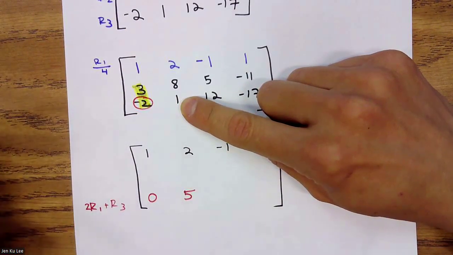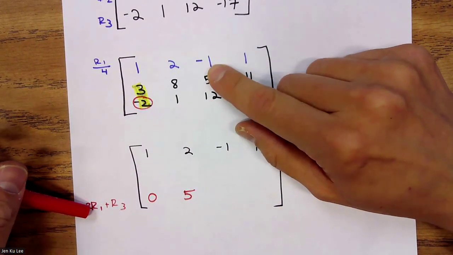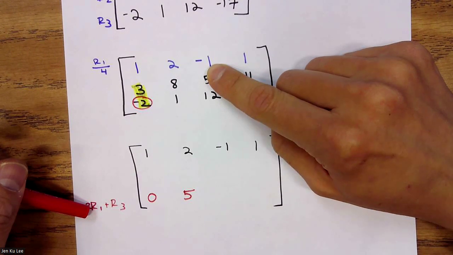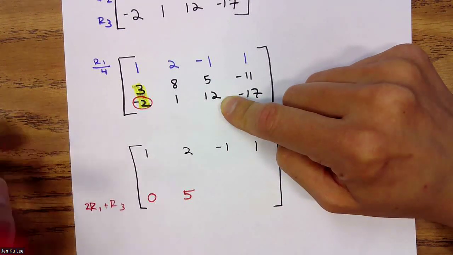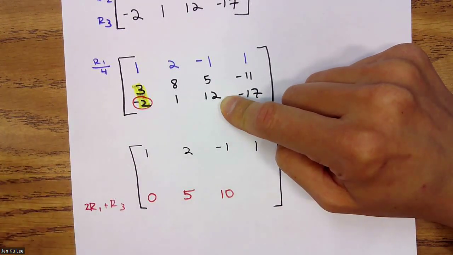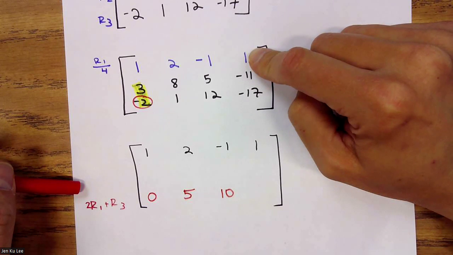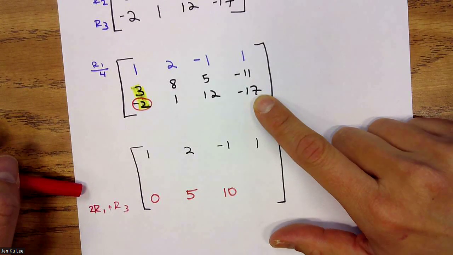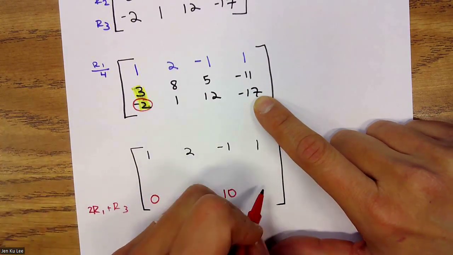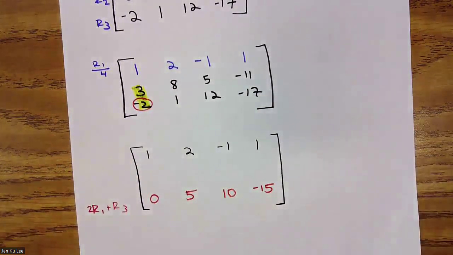So that's my new third row. 2 times negative 1 is negative 2, plus 12, that's 10. 2 times 1, which is 2, plus negative 17, that's negative 15. Does that make sense? Now, how do I get rid of the next one?